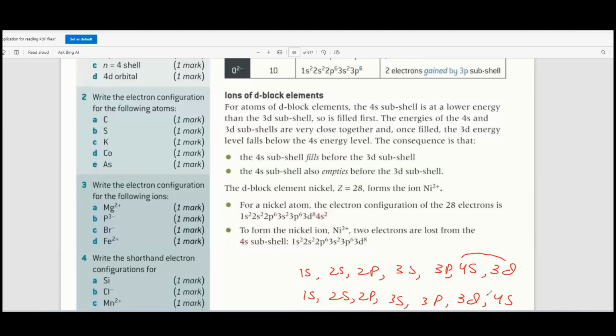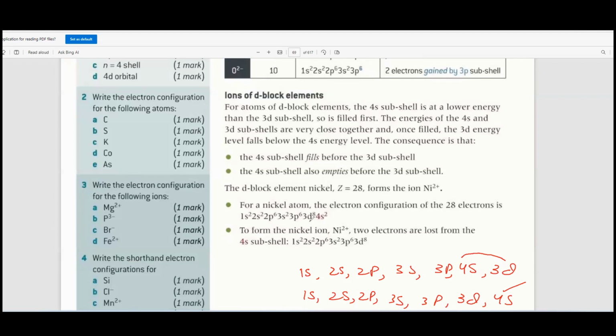Now, whenever it will lose electrons, it will lose from 4s and not 3d. Wait, what if 3d is not filled, but it has, let's say, one electron? Once filled, the 3d energy level falls below. That is something that I don't know.